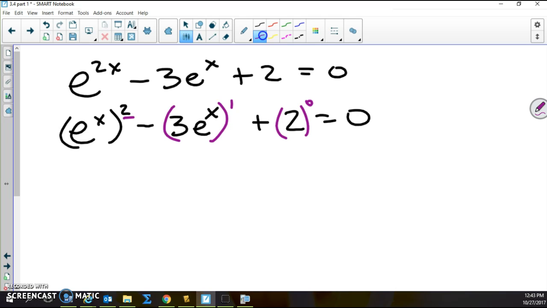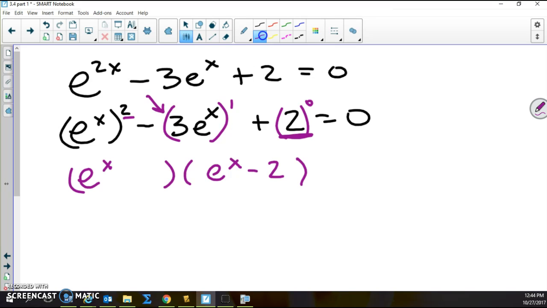When we think about this, e to the x squared, if I factor that, we get e to the x times e to the x. That's e to the x squared. Then we're looking for factors of 2 that add up to negative 3, giving us the middle term negative 3.